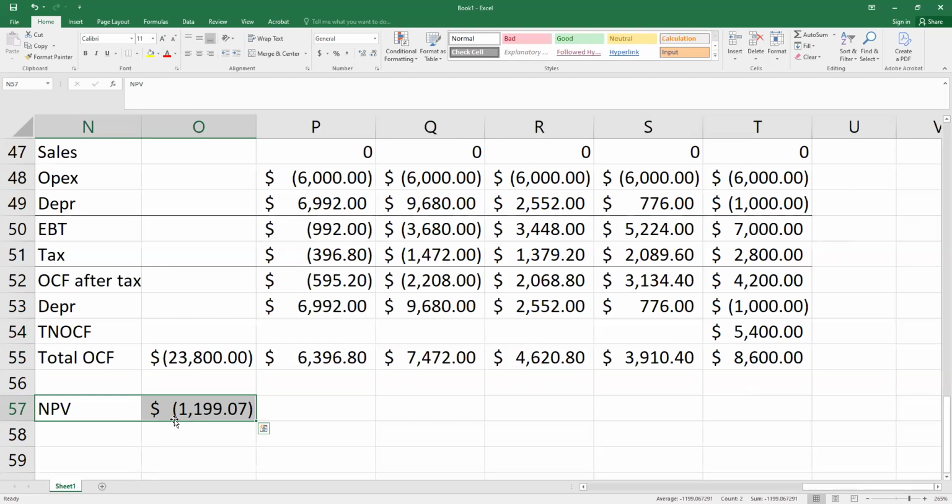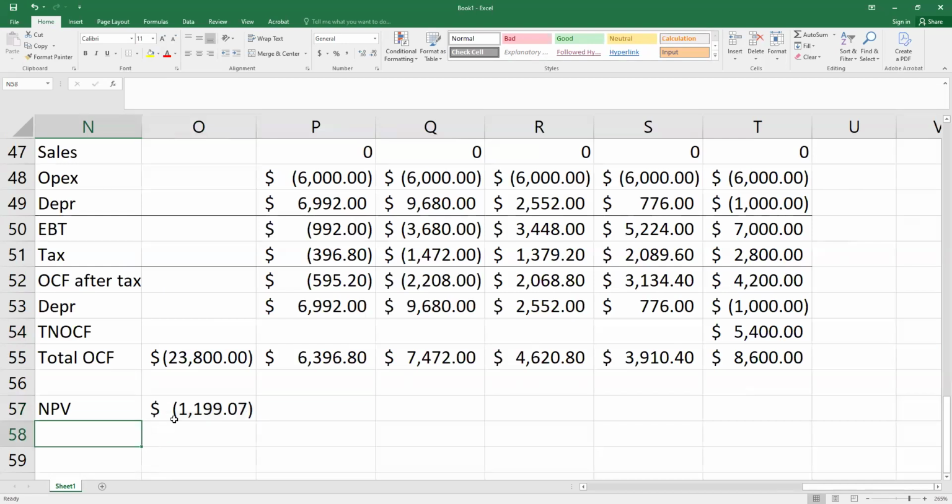But still, it's not enough to go with this project. Sometimes when you see things at first glance, it may look like it's good to replace. However, when you go to the analysis, you see that it is not.